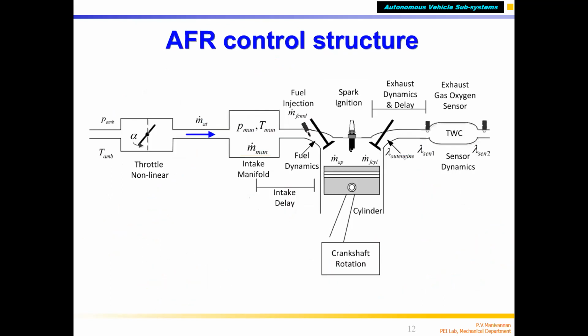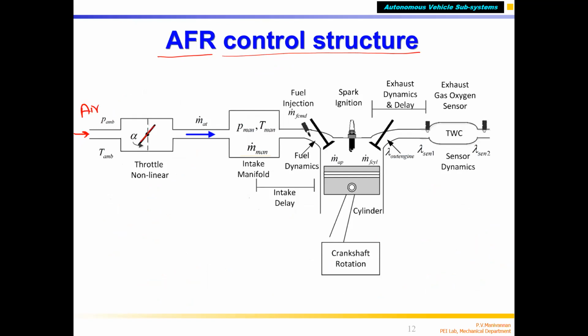Okay. Next, if you want to do modeling and simulation, you can model the vehicle and the engine itself, correct? You can do an air fuel ratio control structure like this. What is this? You can see that this is the atmosphere, this is air from the atmosphere, correct?